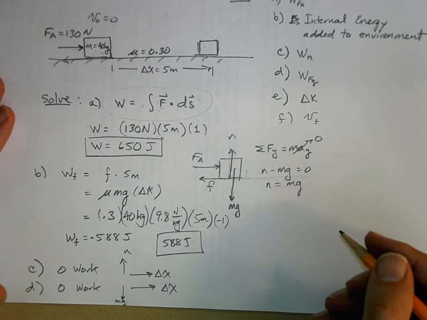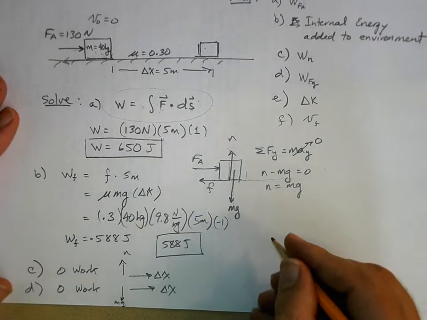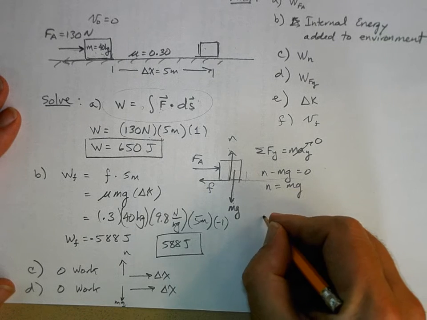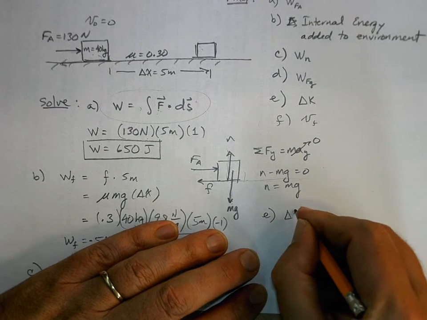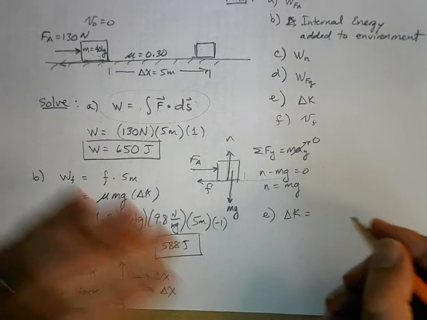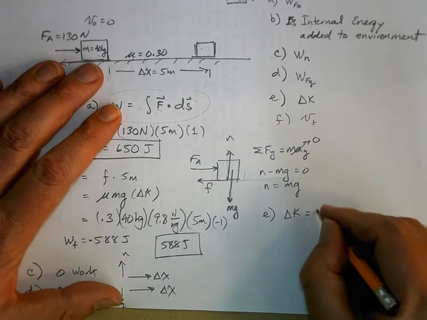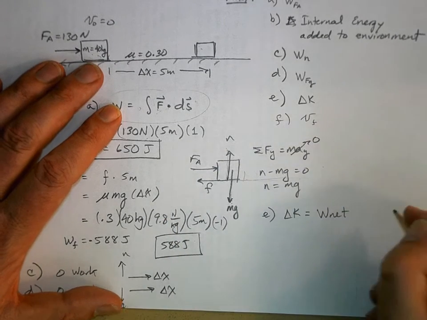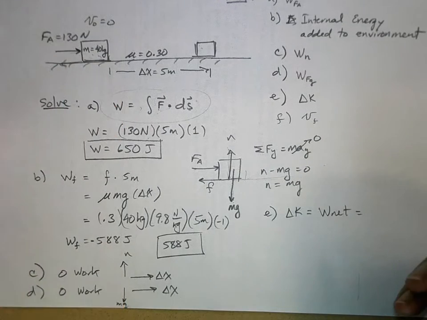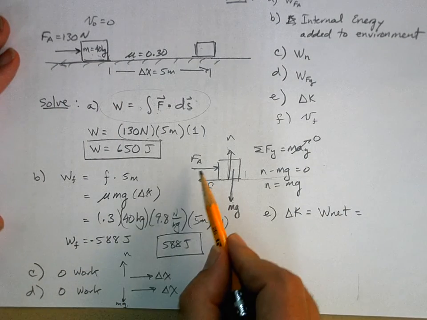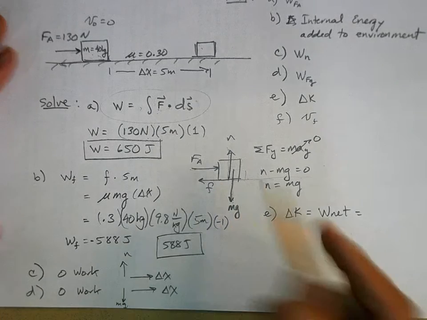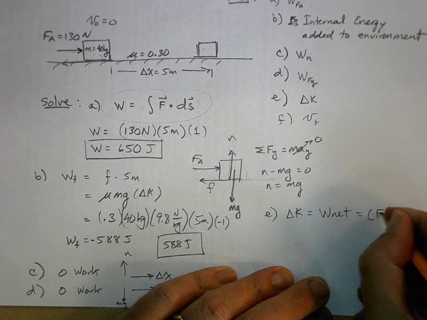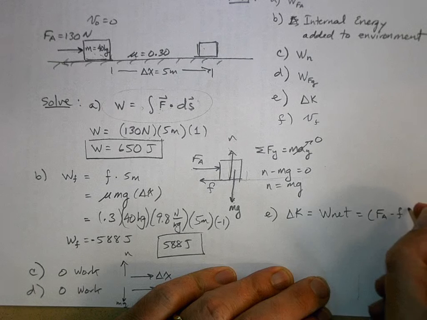Now, the last one, well, no, it's not the last one. Let's do E, the change in kinetic energy. Well, I'm going to use the work energy theorem. That is, the work done by the net force is equal to the change in kinetic energy. Well, what is the net force? Look in the x direction here. The net force is the applied force minus the force of friction.